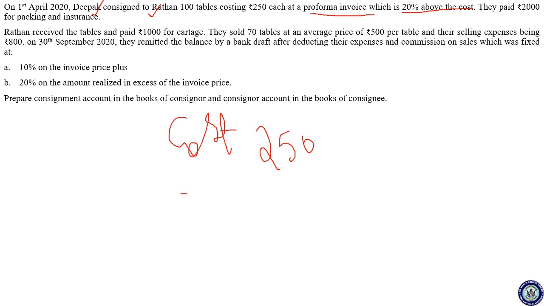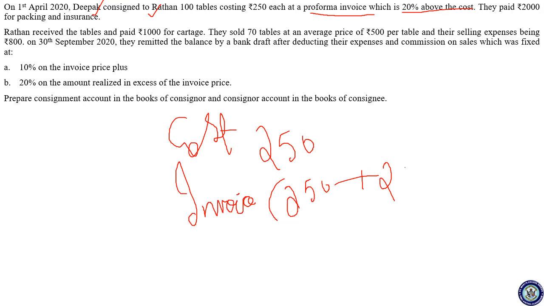Now what is the invoice price? 20% above means 250 is the cost plus 20%, it comes to 300. If you want, take down this: it comes to 300.